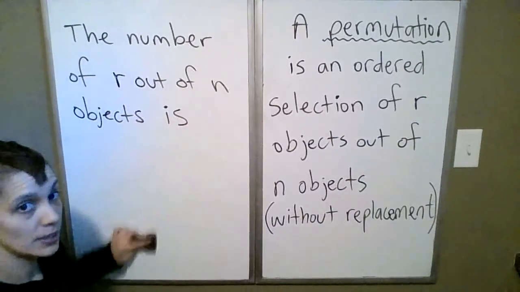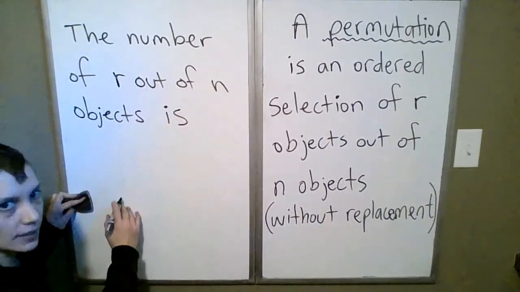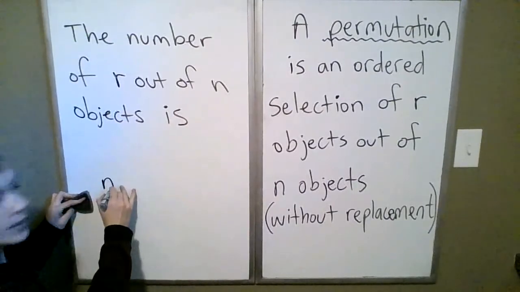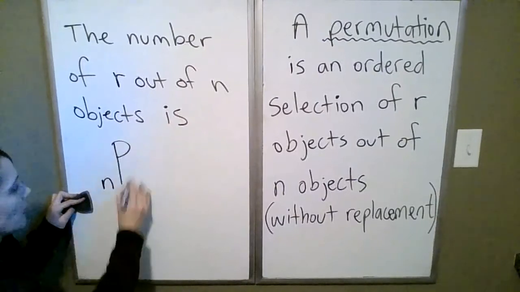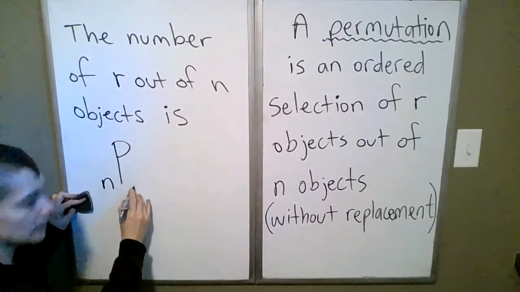So this number is written as subscript n, and then permute with a capital P, and then back to a subscript r.